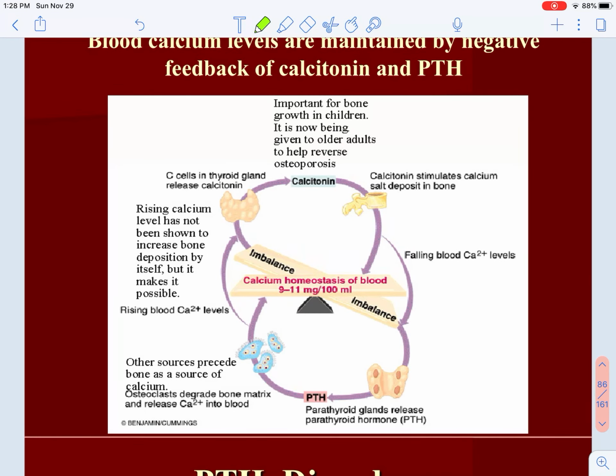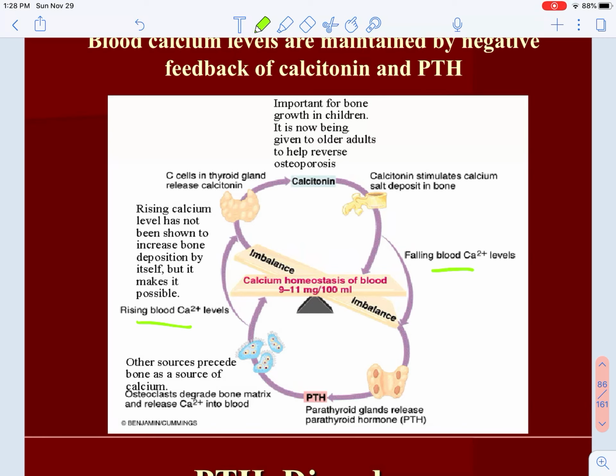For the calcitonin and parathyroid, I just wanted to show you this balancing effect here, because we'll see it with other hormones coming up. But you can see that the calcitonin and parathyroid hormone work opposite each other. When the calcium levels are falling in the blood, then we have our parathyroid released.